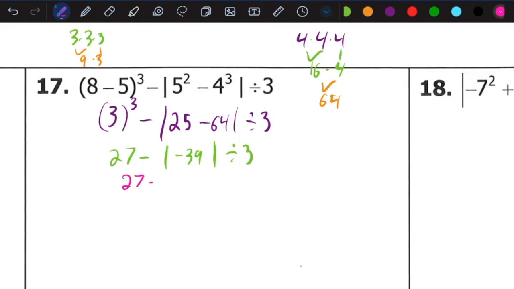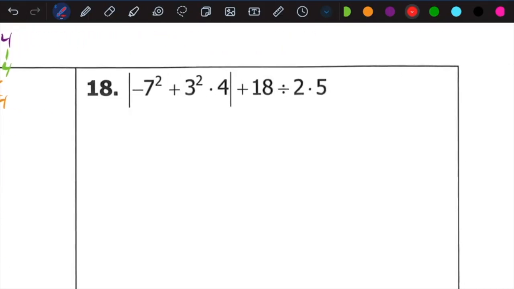Next, I do the absolute value, and I say 27 minus a positive 39 divided by 3. So next would come the division before subtraction. So I have 27 minus 39 divided by 3 is 13. Now as I do 27 minus 13, I end up getting the answer to be 14.